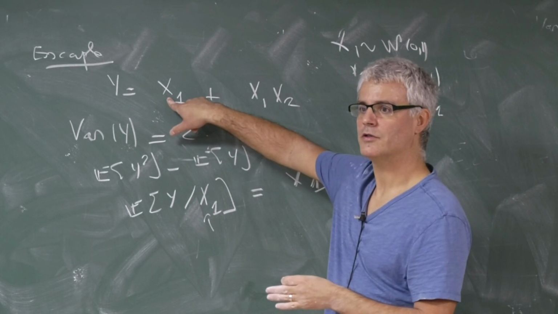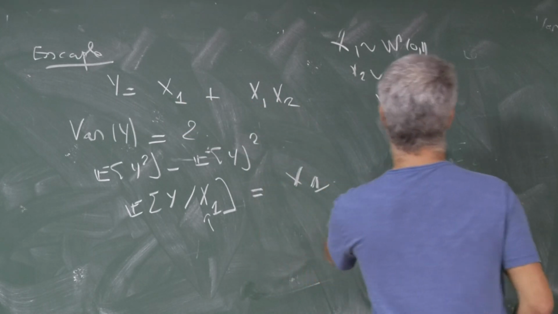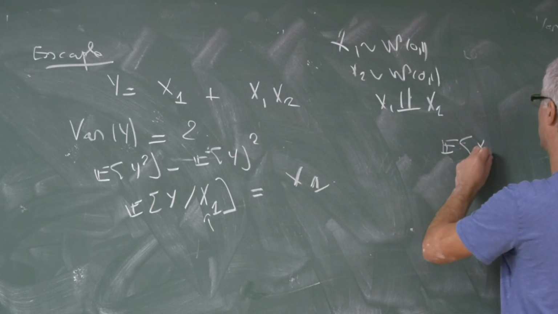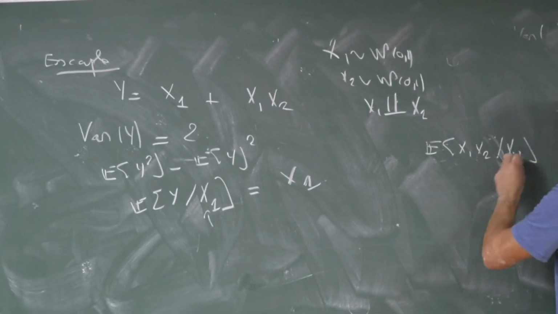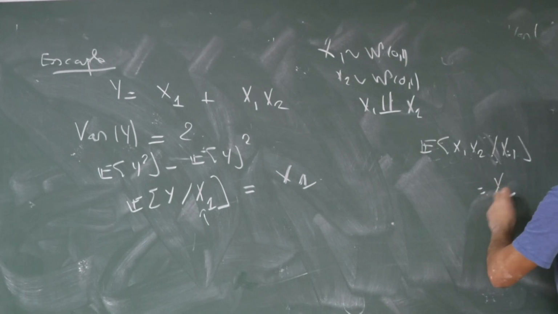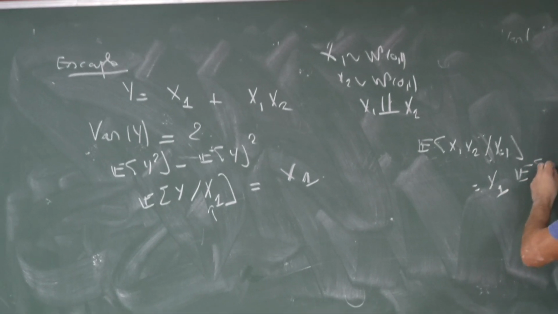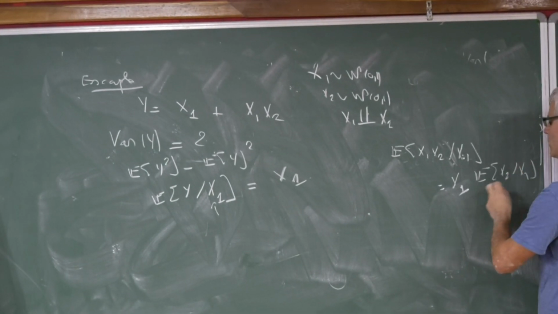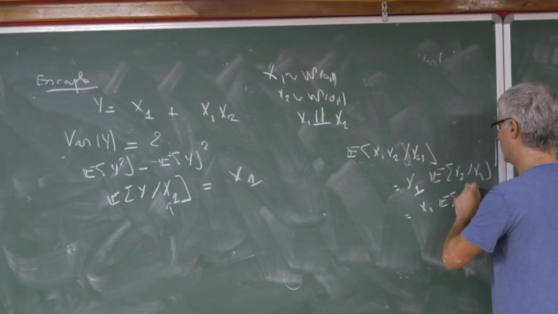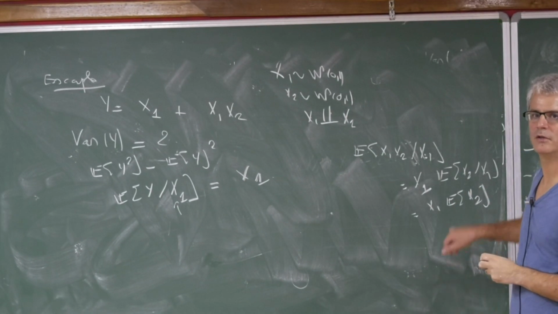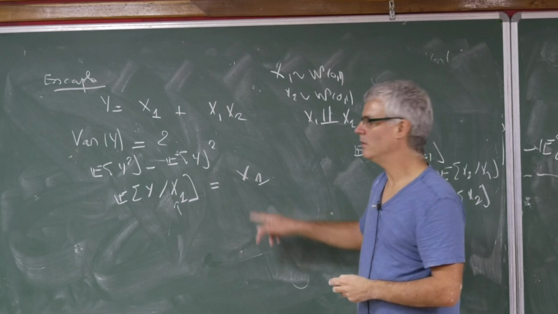So I just take the expectation. x1 is fixed, so I can put it outside the expectation, and now you have E of x2 knowing x1, but as they are independent, it's just the expected value of x2, which is equal to 0, so I just have x1 here.